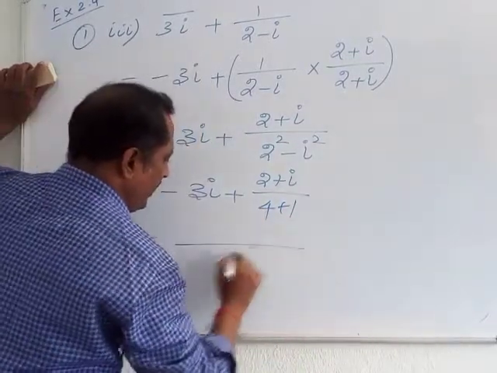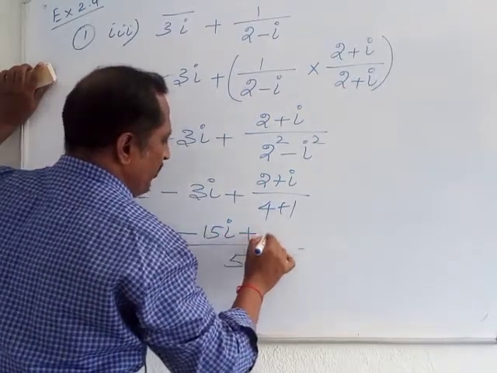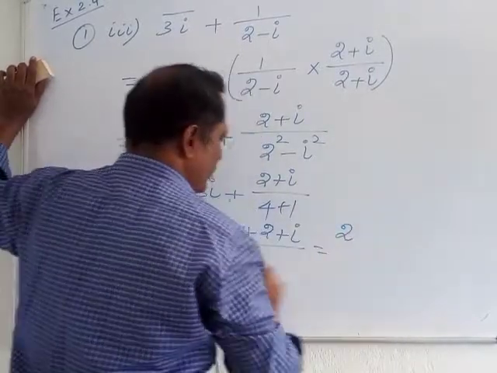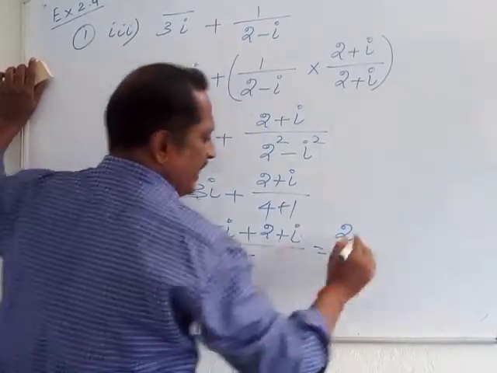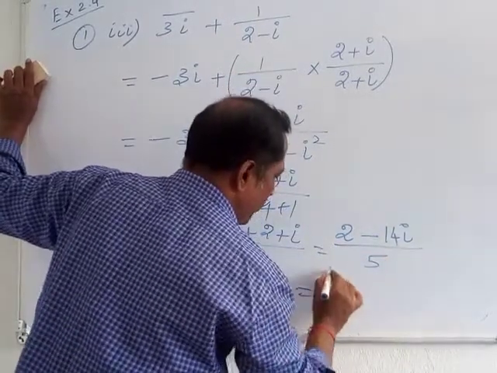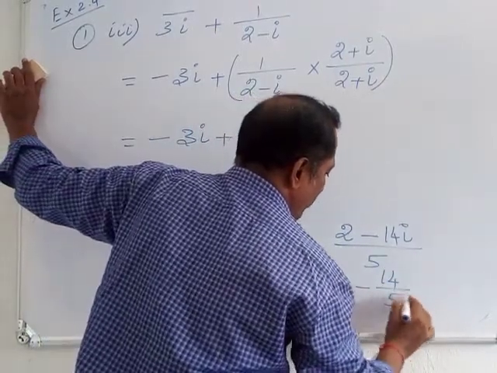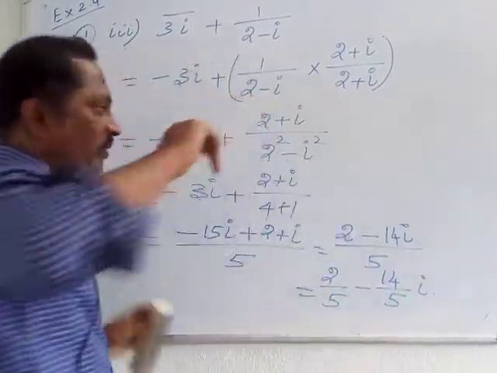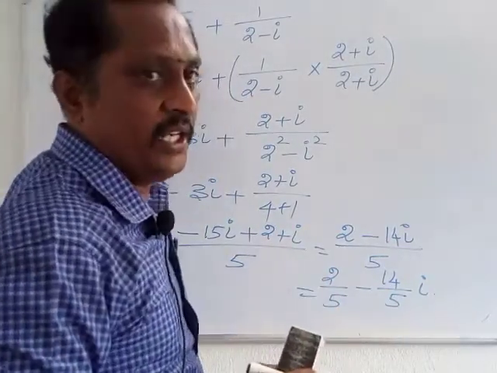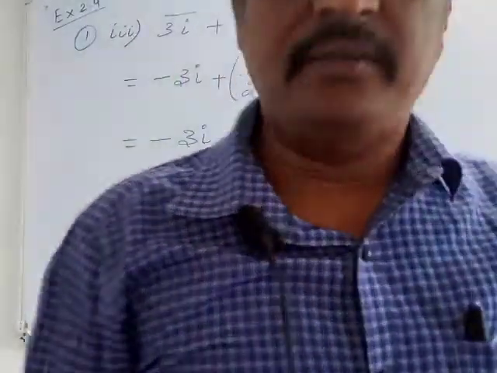So taking the LCM 5: 3 fives are 15, minus 15i plus 2 plus i. 2 is the real part. Minus 15i plus i is minus 14i, divided by 5. So the real part is 2 by 5 and the imaginary part is minus 14 by 5 i. This is the standard form of the given complex number, the bar of 3i plus 1 divided by 2 minus i.